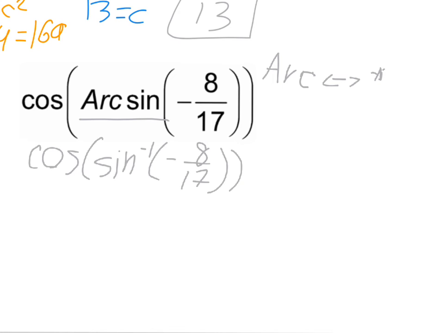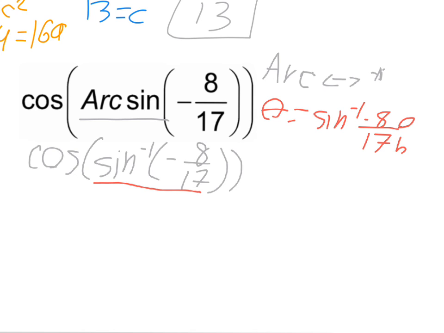So we're going to start off with our innermost bit, the inverse sine of negative 8 over 17. So for what angle theta will we have a sine inverse of negative 8 over 17? Well, sine is our opposite over our hypotenuse.